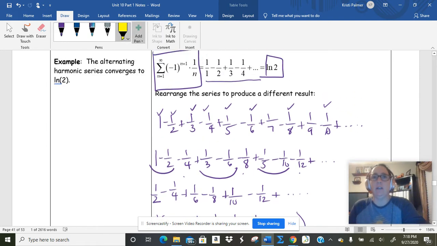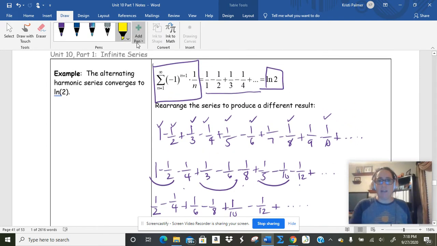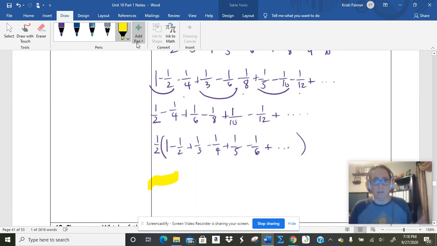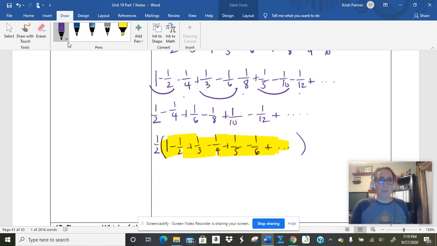Look at this. Are you ready? What was that? Well, that's just the original. All of that right here, right? That's just the original. And what do I know that's equivalent to? That inside is equivalent to the ln of 2.